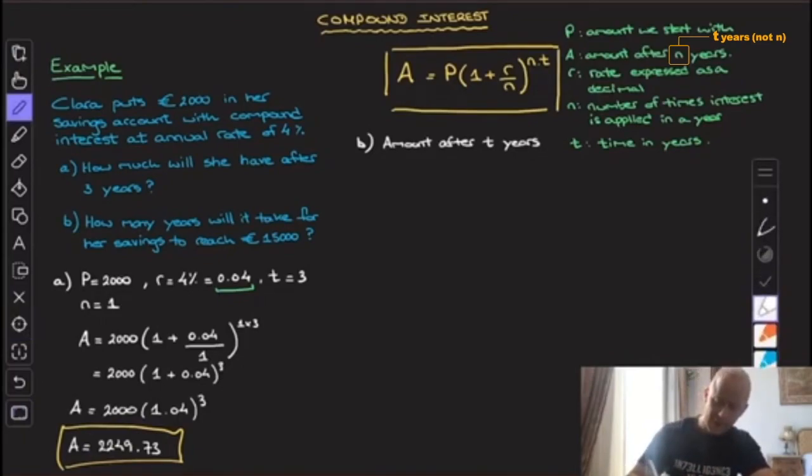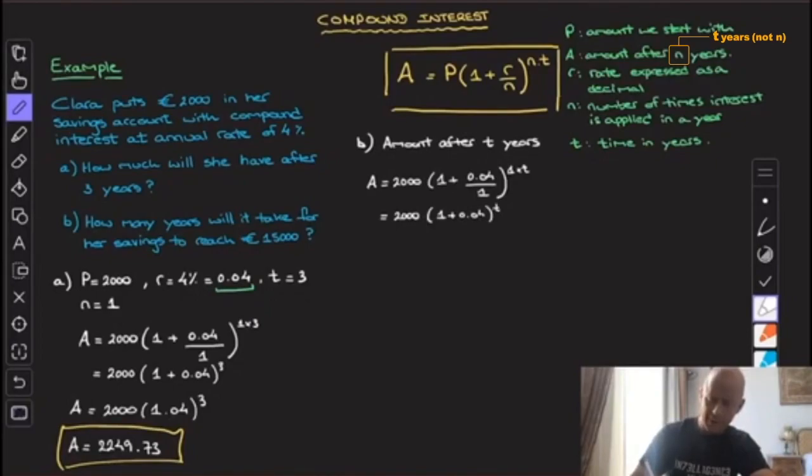So that would be this. I'll have A equals 2,000 times 1 plus 0.04 over 1, all of which is raised to the power of 1 times t. Simplifying that a bit, that's equal to 2,000 times 1 plus 0.04 raised to the power of t.